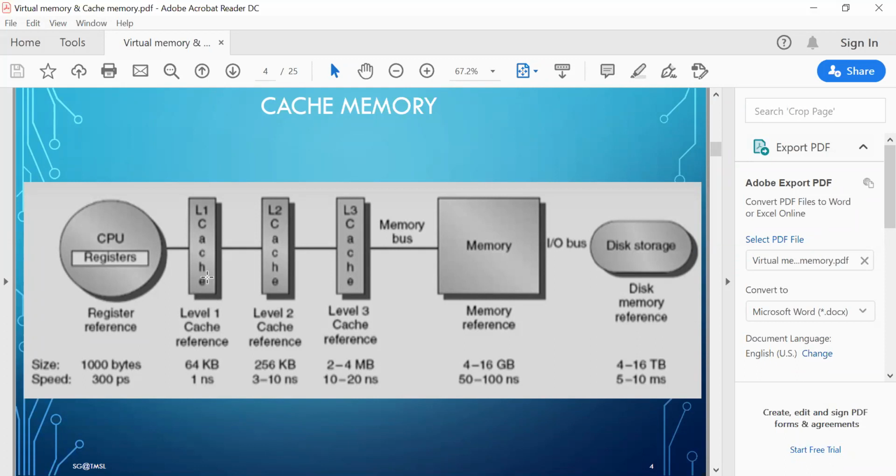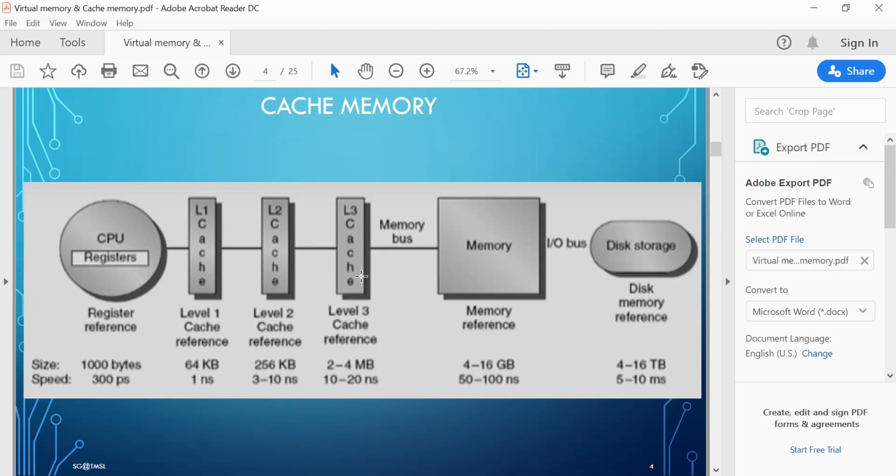Okay, then another cache memory, which is connected after this L1 cache and is farther away from the CPU, has the second largest capacity, which is 256 kilobytes. The level 3 cache is at a very large distance, so it has the highest capacity to store information, which is 2 to 4 MB.